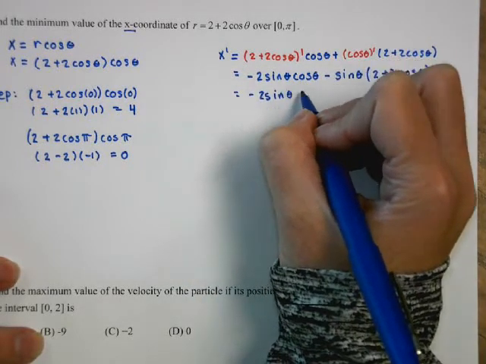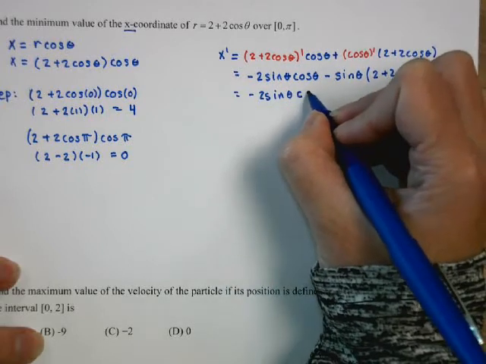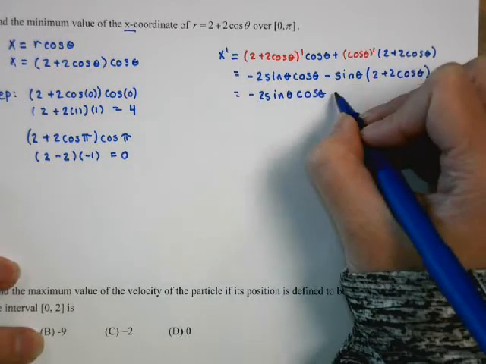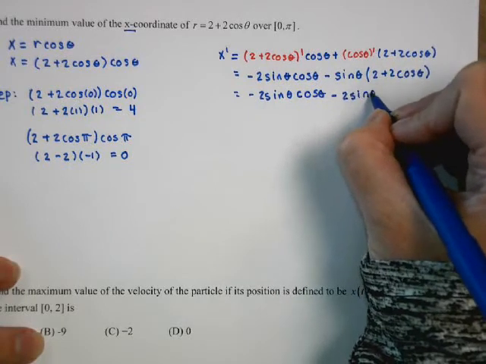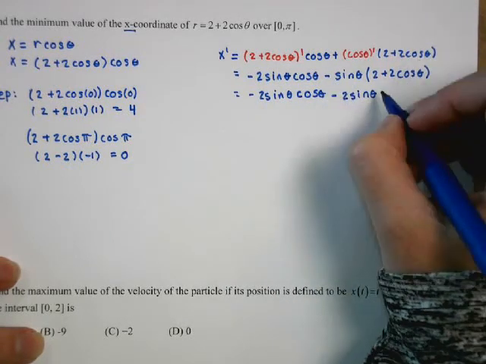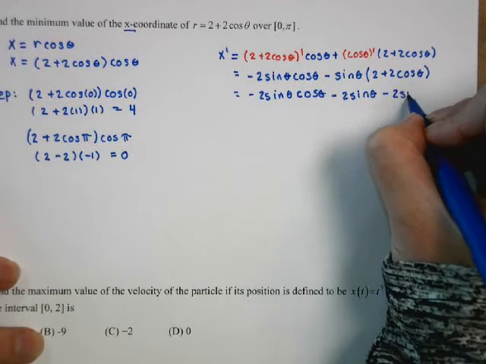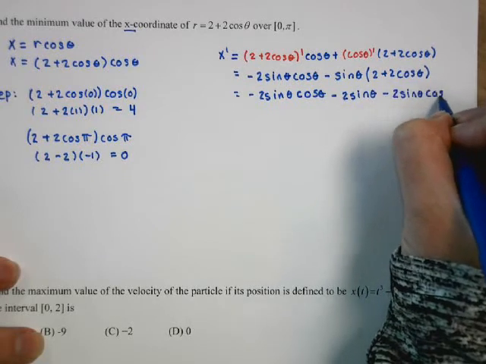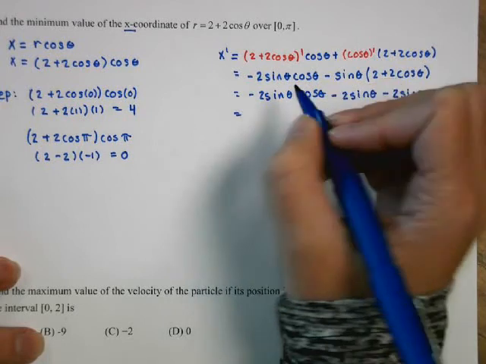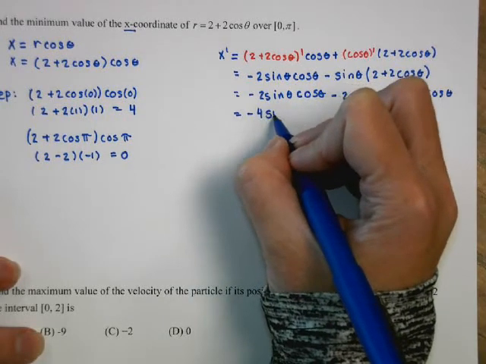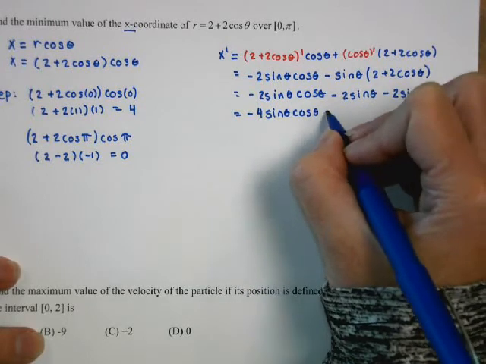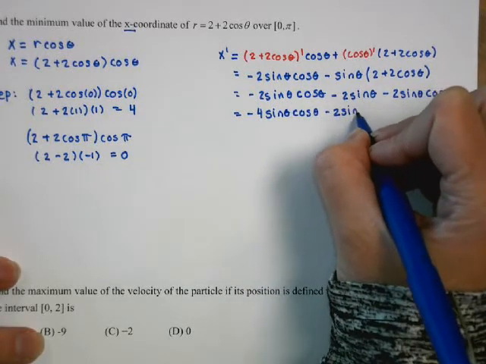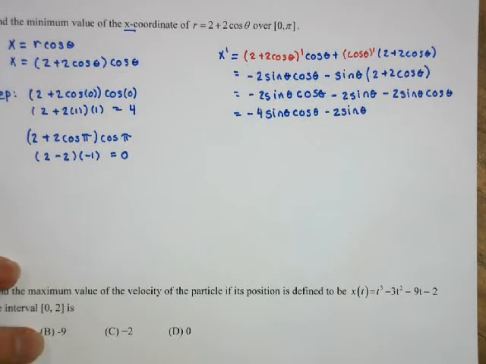So clean it up a little bit, and then we'll find our critical points. So this is going to be minus 2 sine theta, and then distribute here, minus 2 sine theta cosine theta. So this is a negative 4 sine theta cosine theta minus 2 sine theta.